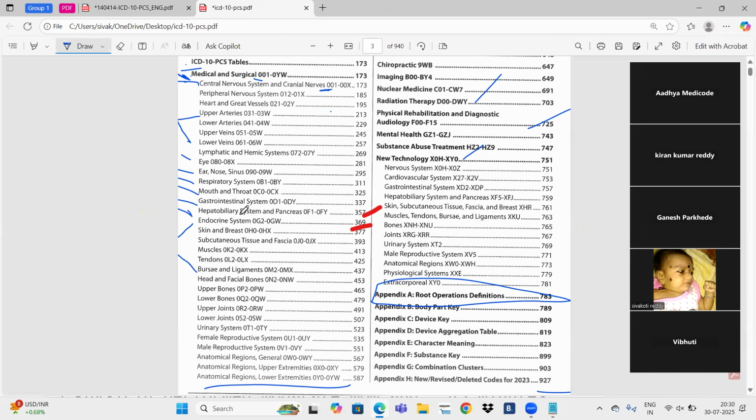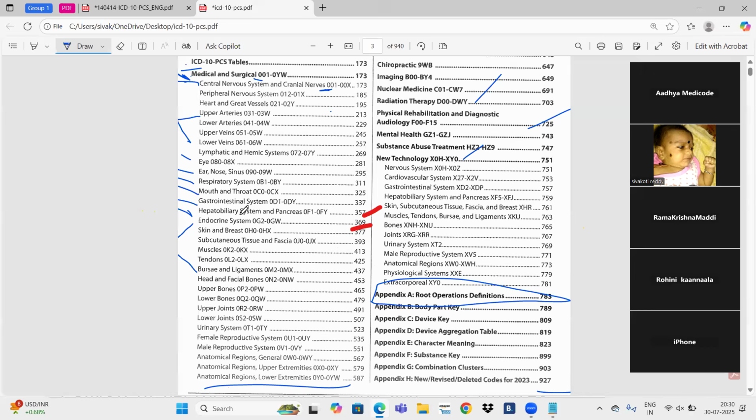K. If they did tendon level, then L. Correct. Next, if they did a procedure on bursa and ligaments, M. So simple.